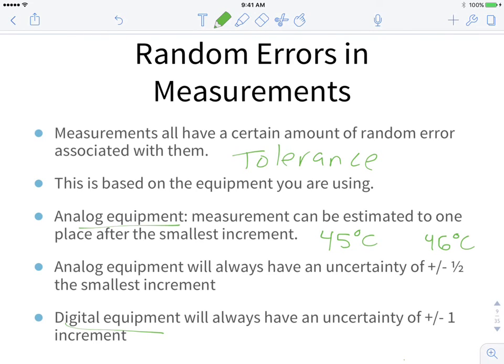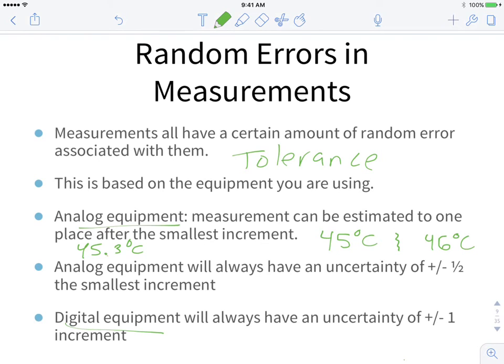Well, that means that I'm between those two. I'm going to be guessing where I am between them, somewhere in here. So I could put down 45.3 degrees Celsius, and that would be a guess to some degree. Because although I know that it is between 45 and 46 for sure, I don't know exactly where. My lab partner could say, no, it's 45.4, and they would be correct as well.